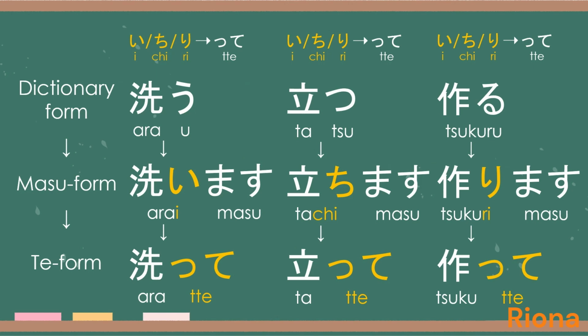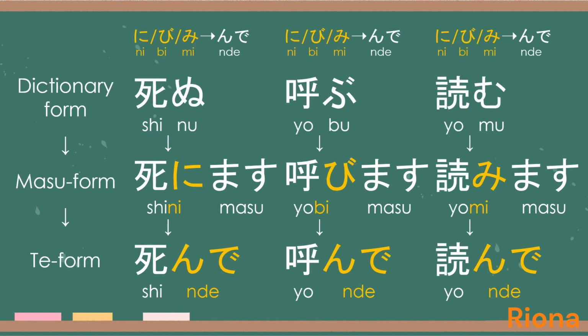In the case of tsukurimasu, which is the mas form of make, tsukuru, the character before mas is ri. So, by changing this ri to tte and removing mas, we can make it te form.